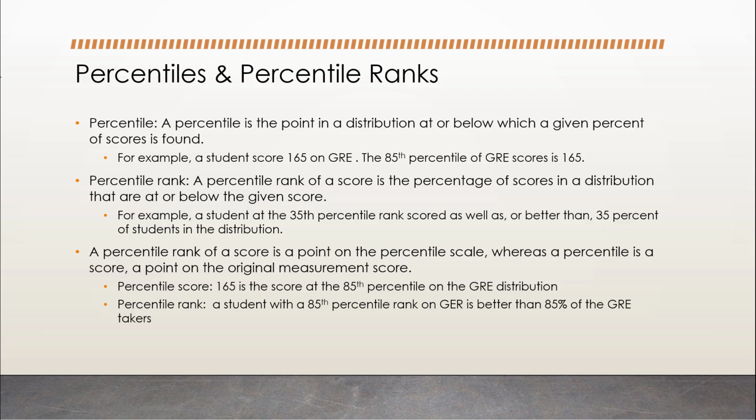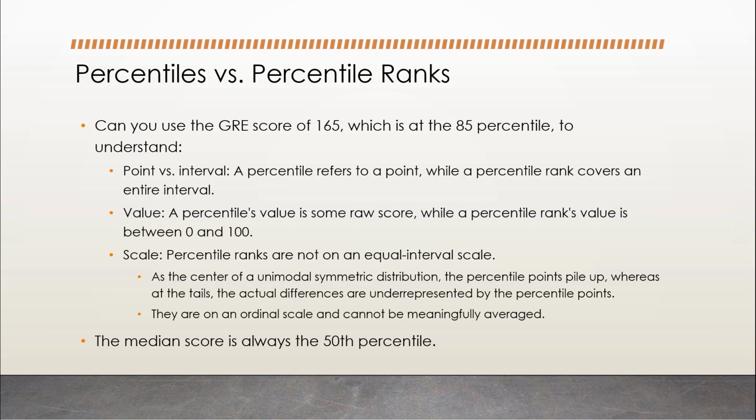For example, GRE verbal scores range from 130 to 170. Each score has a percentile rank. Percentile ranks range from 0 to 100%. So the 85th percentile is a score of 165, and the score of 165 has a percentile rank of 85.